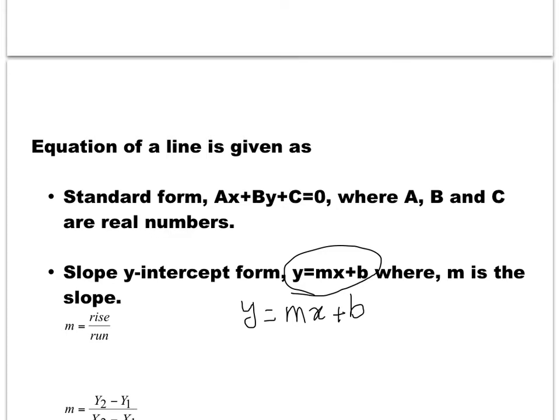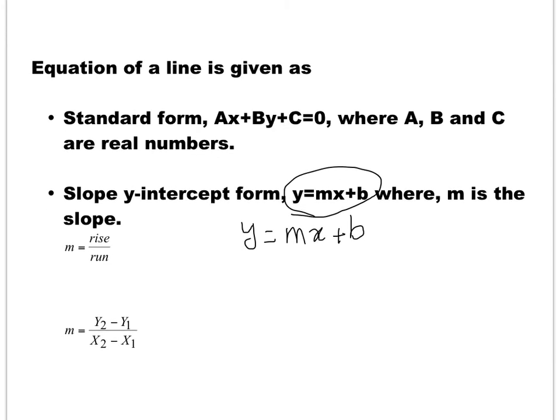But if I give you the equation in standard form, you have to isolate y, and then the number which is beside x is called the slope, which you did on Friday on the worksheet. Now, rise over run is one definition for slope. There is another definition for slope based on 2 points given on the line. The formula is y2 minus y1 over x2 minus x1.